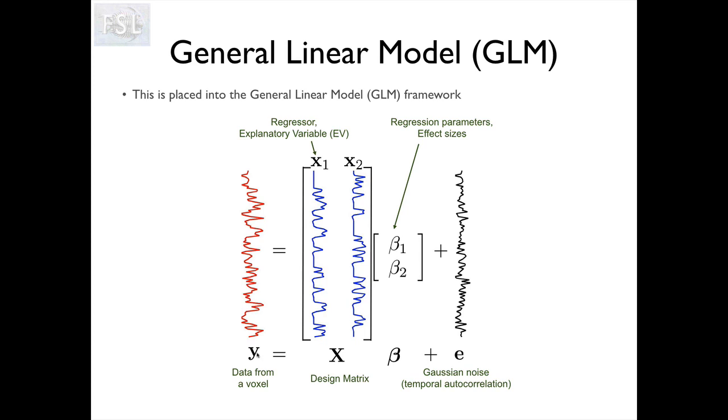And that says that y, which is a vector y, so it's going to be a boldface non-capital letter, is the data, and it says that is the design matrix, and the design matrix is simply the concatenation of these different predicted responses multiplied by the beta values, or the regression parameters, or the effect sizes, how much we need of each and every one of those, plus the residual error, Gaussian noise. Okay, so this is just formalizing exactly what you have already learned.